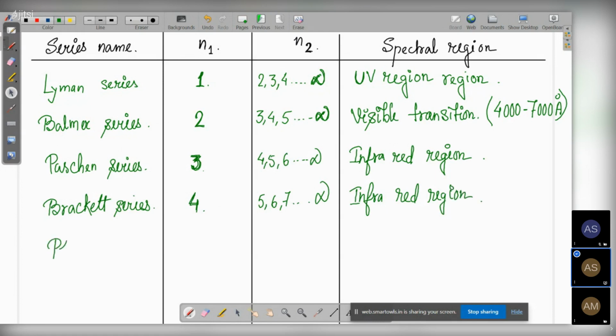Then you have your Pfund series, where n1 is equal to 5, and n2 is going to be 6, 7, 8. Pfund is in the far infrared.